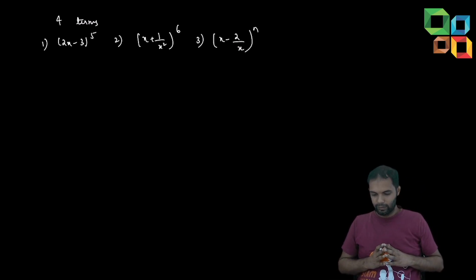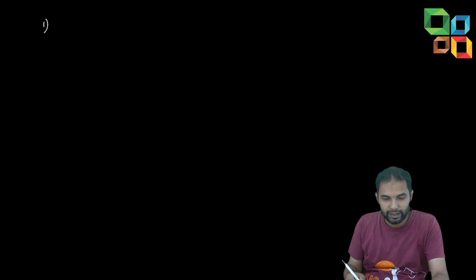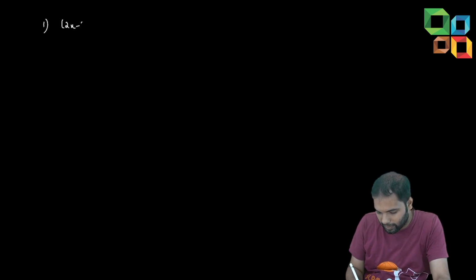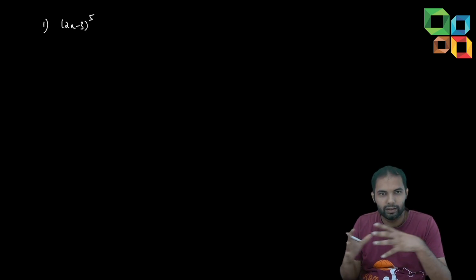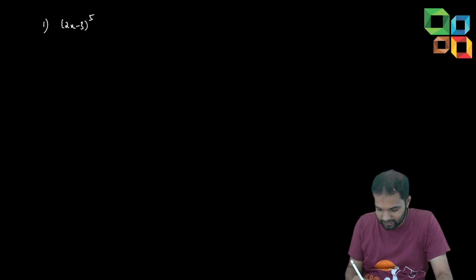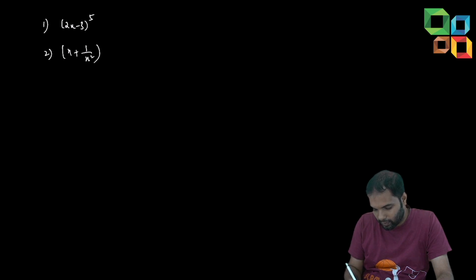First 4 terms. We just learned the binomial expansion, so we'll try to use it and expand a couple of terms. This is (2x minus 3) whole power 5. Try to figure out the expansion of this. And second, (x plus 1 by x square) whole power 6. Third, general term, say (x minus 2 by x) whole power n.